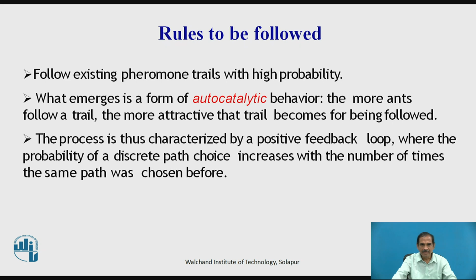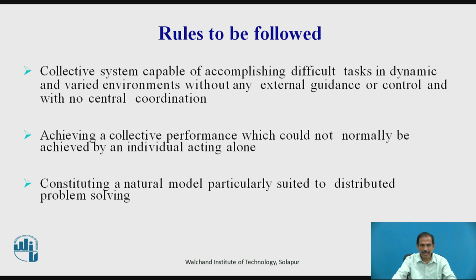Thus we have collective systems capable of accomplishing difficult tasks in dynamic and varied environments without external guidance or control and with no central coordination, achieving a collective performance which would not normally be achieved by an individual acting alone. Therefore, this colony of ants will produce very good results.